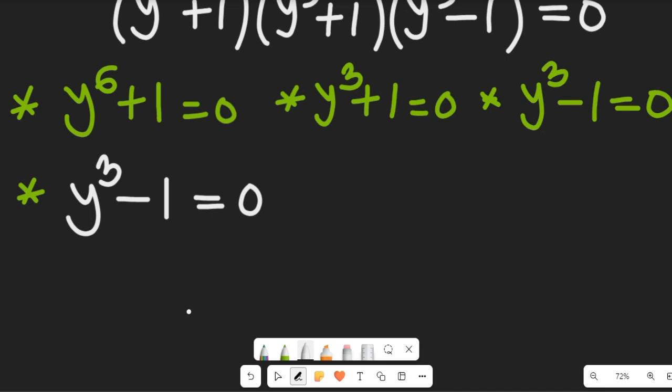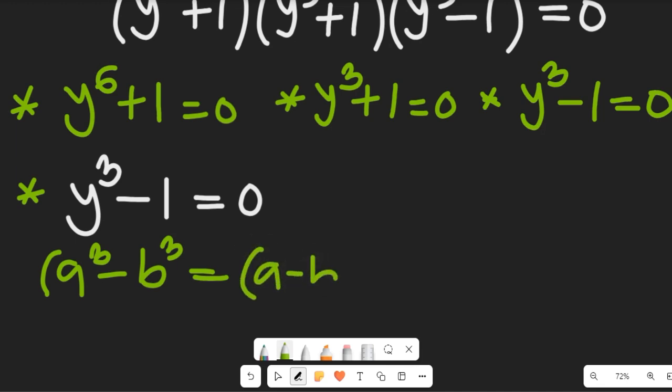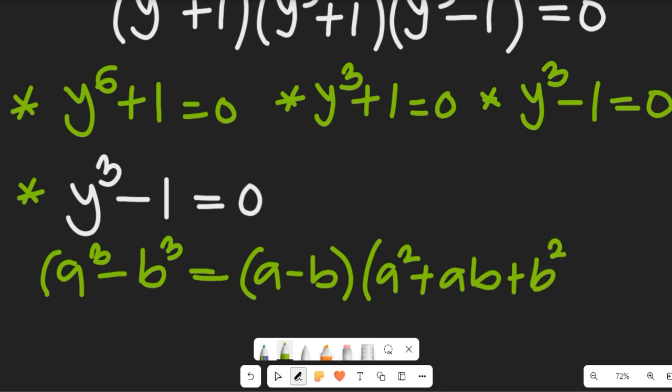If we simplify this, remember, this expression is like a to the power of 3 minus b to the power of 3, which can be equal to a minus b multiplied by the first squared plus the first multiplied by the second plus the second squared.